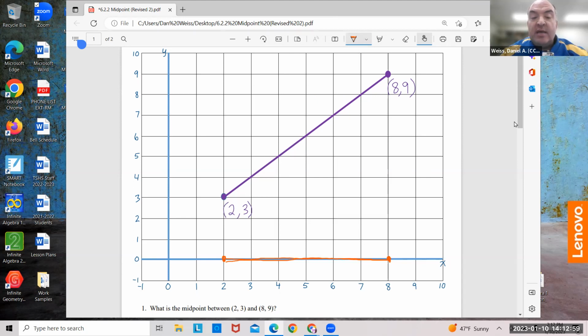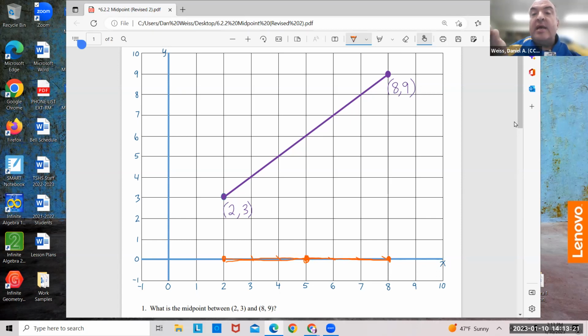From 2 to 8 is 1, 2, 3, 4, 5, 6, right? So what's the middle? If it's 6 away, then the middle is going to be 3 away, right? So the middle is 5, right?